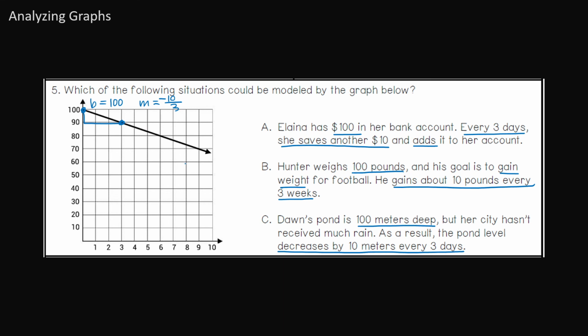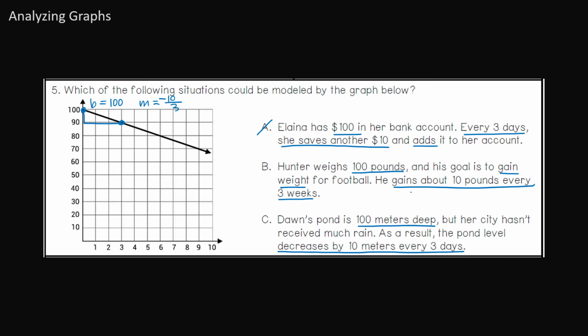So let's go back to these situations and look at which ones had a positive or a negative slope. The first one, it looks like Elena is saving $10 every 3 days. So I can't say that this graph represents this relationship because it's a positive change, not a negative one. Hunter is gaining 10 pounds every 3 weeks.